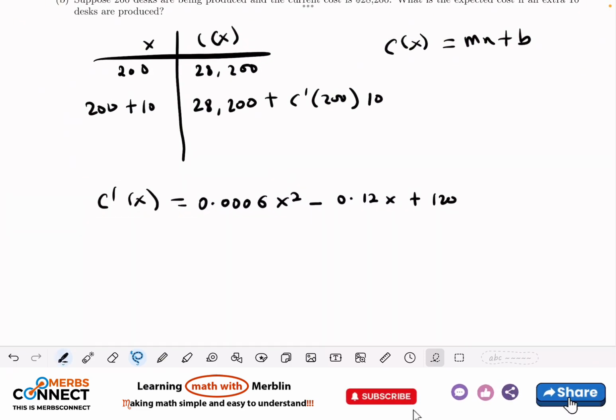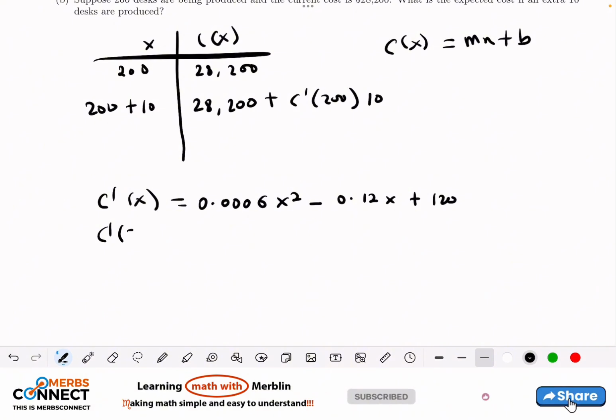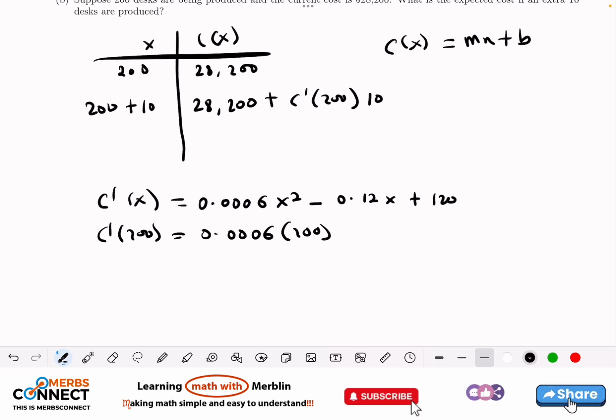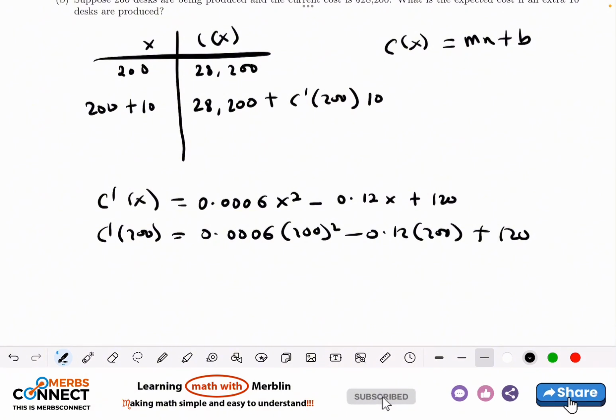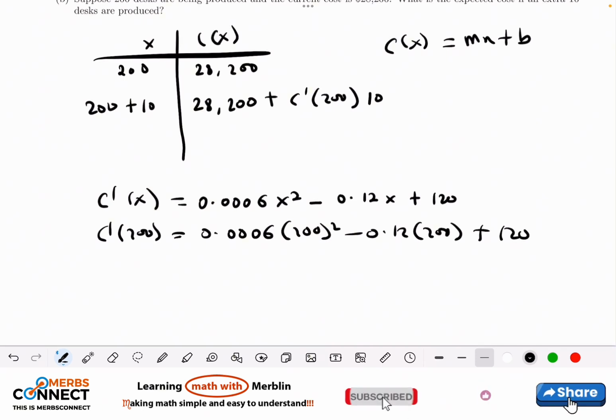So now when x is 200, we have C prime of 200 equal to 0.0006 times 200 squared minus 0.12 times 200 plus 120. So when you plug in those values, what are we going to get at the end of the day? Let's do the computation and see.